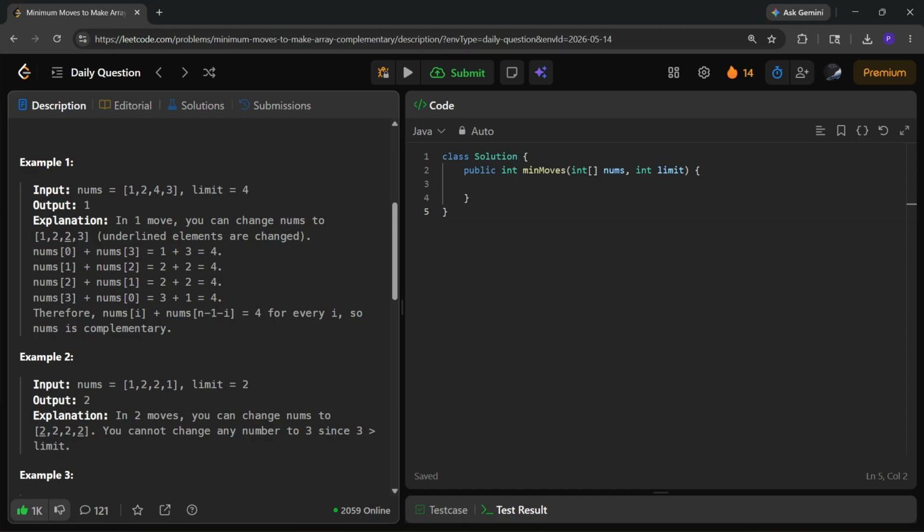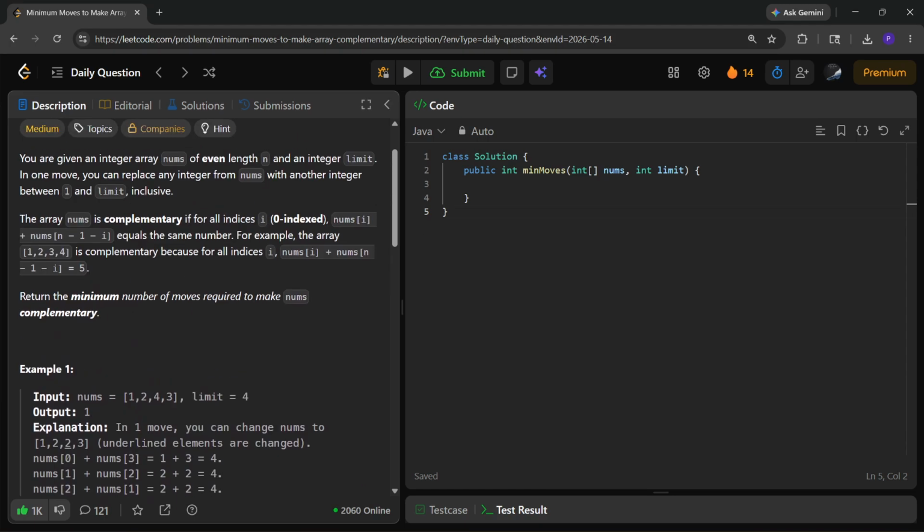What was the complementary answer again? i plus n minus i.